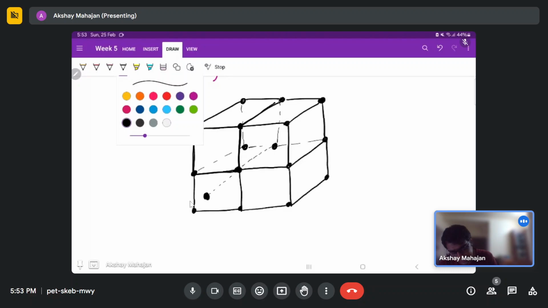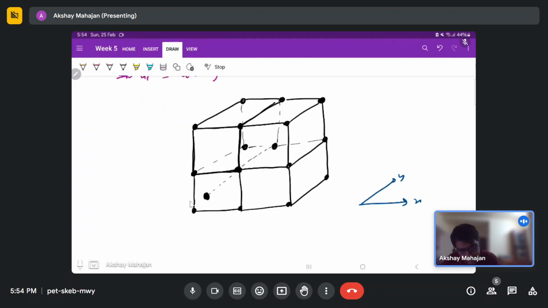Here also, let's say this is our x direction, this is my y direction, and this is my z direction. Now the distance between each of these lattice points, that I am taking as a. Let me write it here. Then let's say I am taking this one as my m comma n comma l.